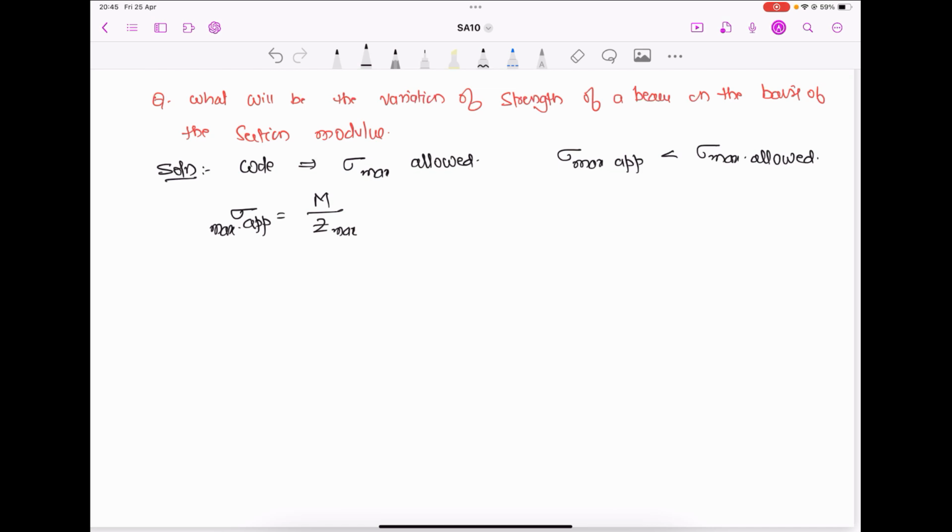Now, if sigma maximum applied is equal to M by Z max, from this what can we derive about the strength of the beam?